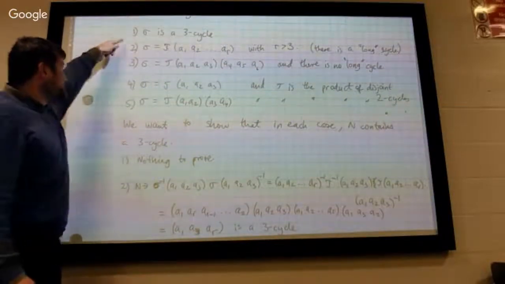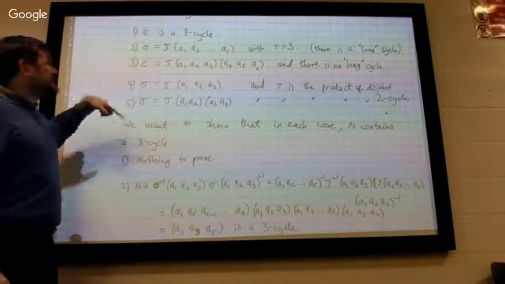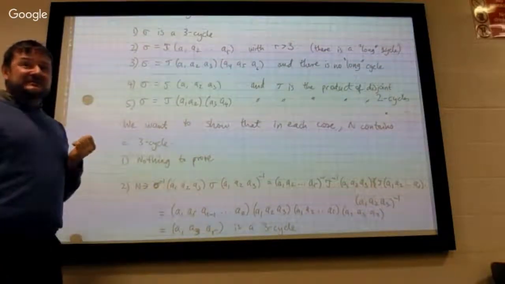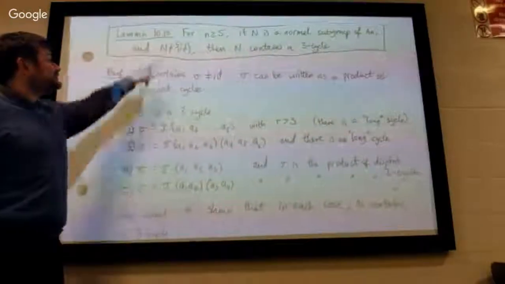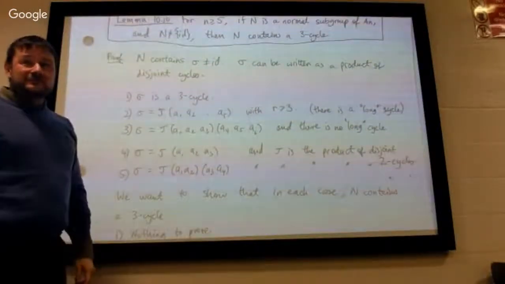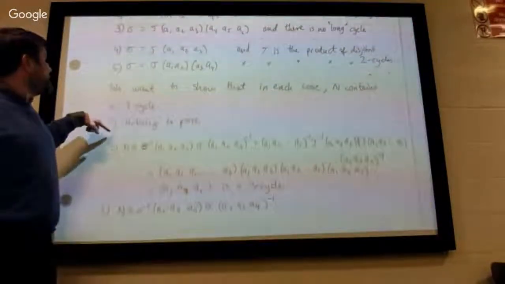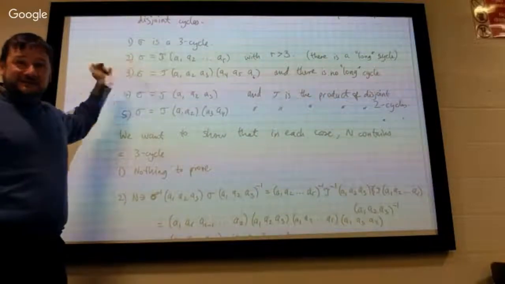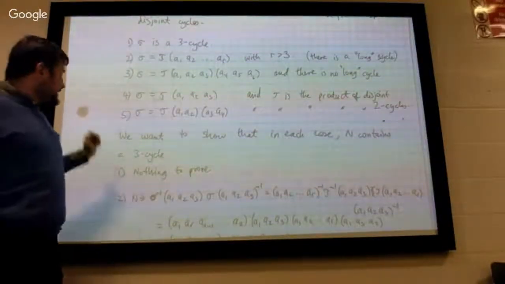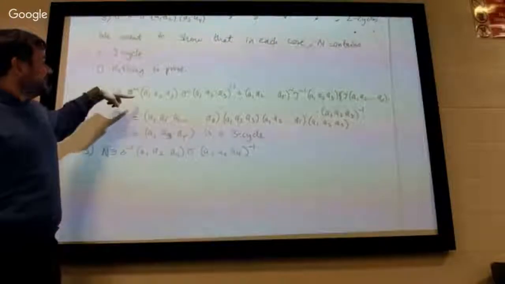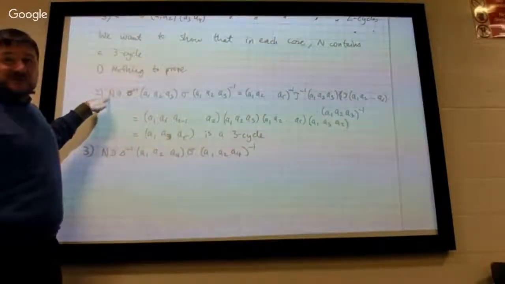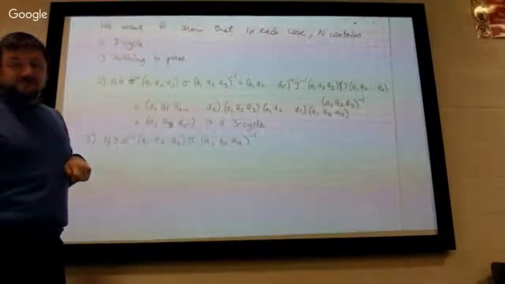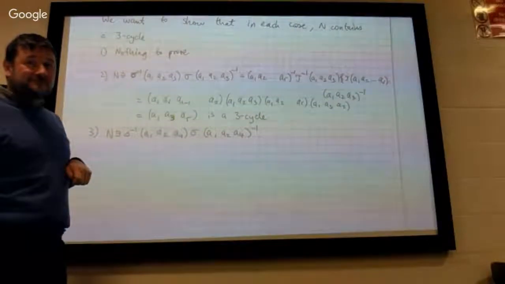Now we're looking at each of these cases separately, and we're trying to prove that no matter which of these 5 cases happens, N contains a 3 cycle, because that's what the lemma says. So case 1, we said, was easy. If sigma is already a 3 cycle, then N contains a 3 cycle, and that's it. Case 2, we said if there's a long cycle, then you can work with this long cycle. You can find this element in N, which turns out to be a 3 cycle. Okay? Is it clear now?